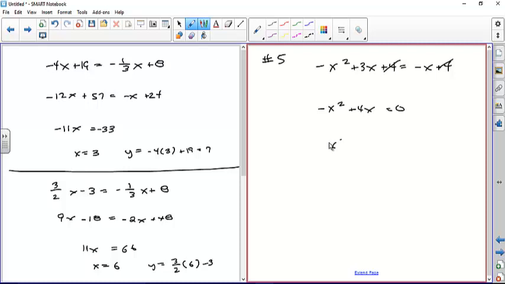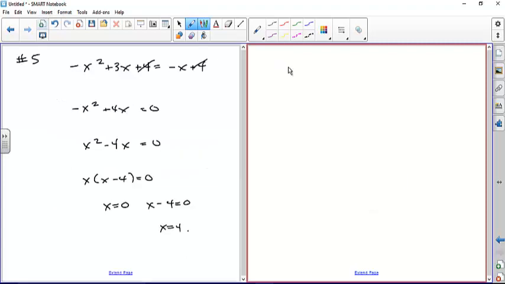I'd multiply by -1 because I just don't like negatives in front of x squared, but you could factor out a negative x if you wanted to. So this becomes positive, this becomes negative. Factor out an x. So the two solutions are x equals 0 and x minus 4 equals 0, or x equals 4. And that's what we knew the answer was anyway. So those are the limits.